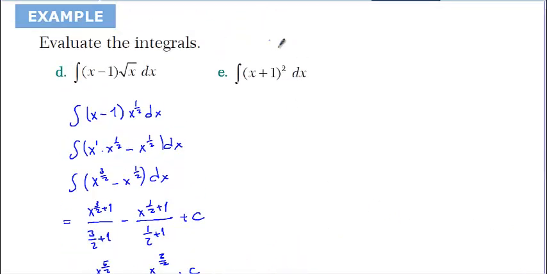And here in the second one, we are going to have firstly the square of this expression. We are going to expand this one. It's going to be equal to the integral of x squared plus 2x plus 1 dx, the expansion of (x plus 1) squared.